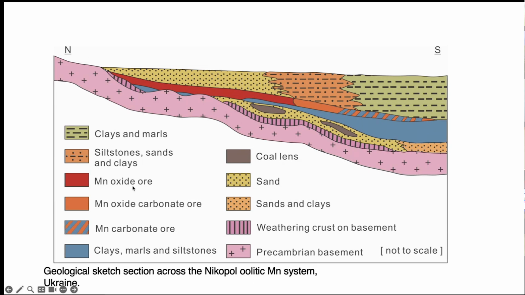So let's see, the manganese oxide ore is in red. Manganese carbonate ore is in orange. Manganese oxide carbonate orange, and then the manganese carbonate zone is here, right? And it's overlain by sands and shales, and underlain by Precambrian basement, typical sedimentary succession.